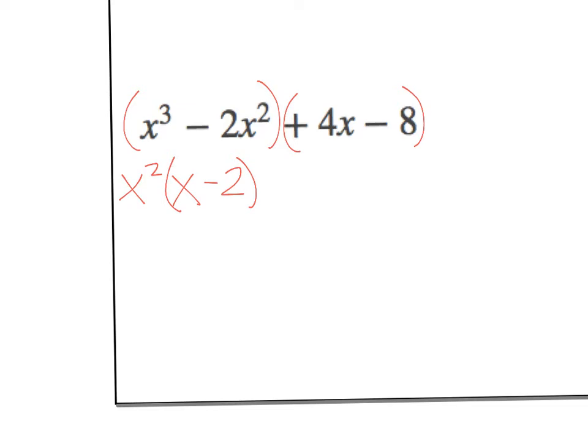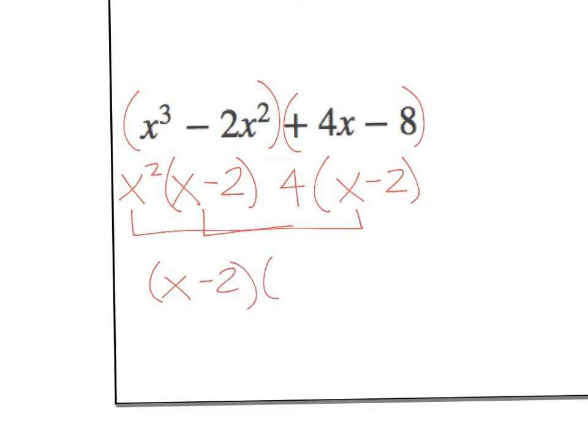All right, and out of the second set of parentheses, I can factor out a 4, leaving me in the parentheses with x minus 2 again. Now again, we want these to be identical, so that's one of our factored terms. All right, and then these are going to go together in our next set of parentheses, x squared plus 4.